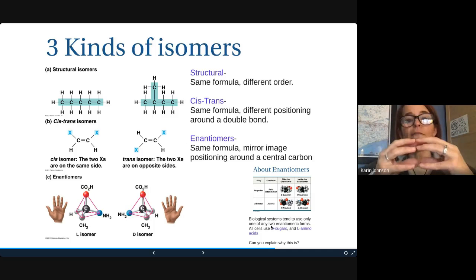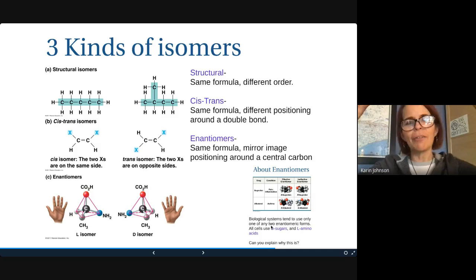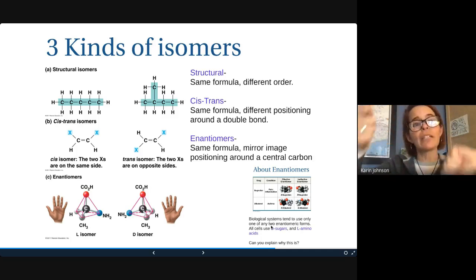Double bonds are fixed. So look at letter B: when those two X atoms are fixed above, that is actually a different molecule than if one of them is fixed down below. Those are called cis-trans. They're still the same formula, but they're different around that double bond.